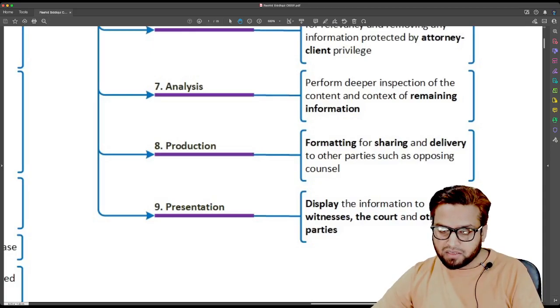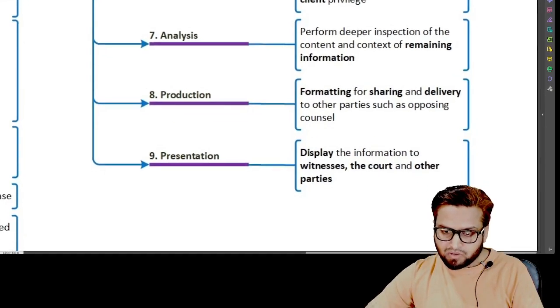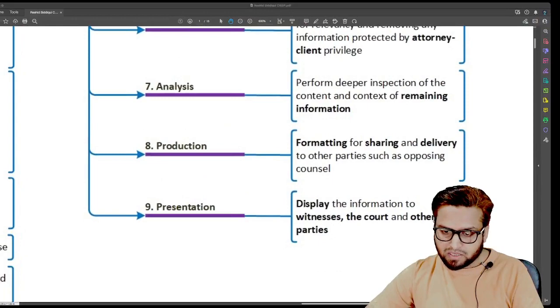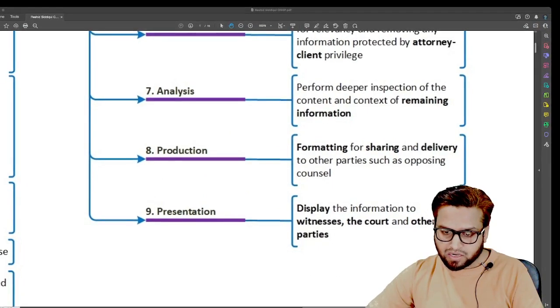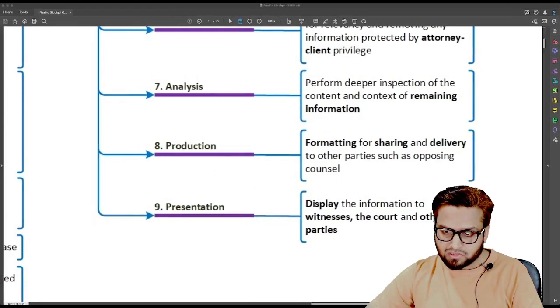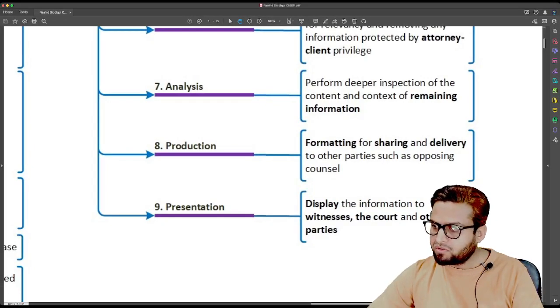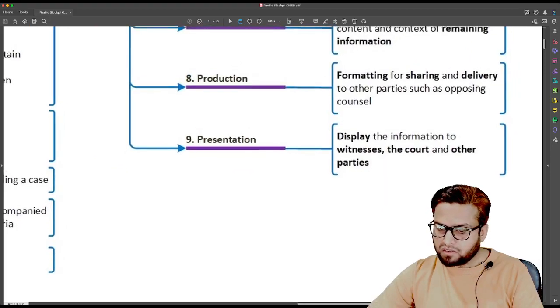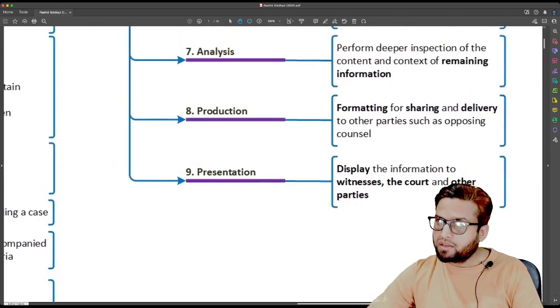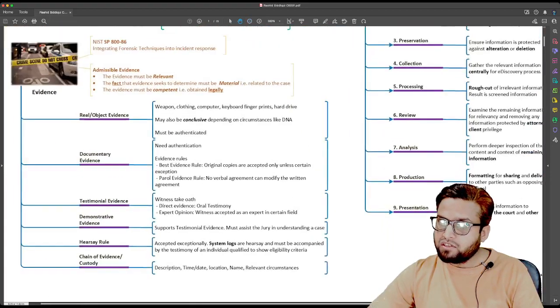So that formatting is done at stage number 8, which is formatting for sharing and delivery to parties such as opposing counsel. Now the last stage is to display the information to witnesses, the court and other parties, right? This needs no further explanation. So that's all I think we have covered in this video.